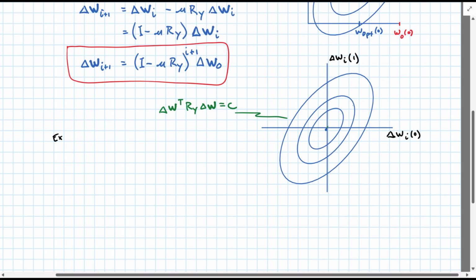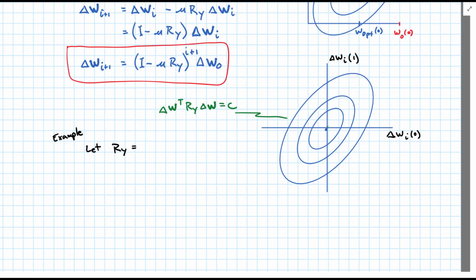The first is a relatively simple one. We're going to let Ry be the identity matrix, and we'll be concerned with the eigenvalues, which are going to determine the shape of our ellipses. So the eigenvalues of Ry in this case are simply lambda 1 equal to lambda 2 equal to 1.